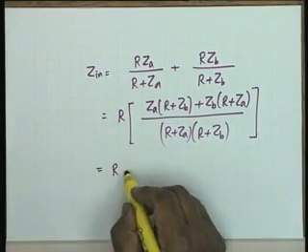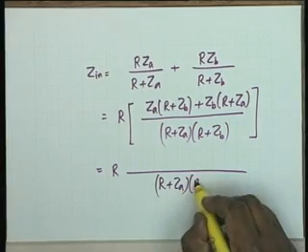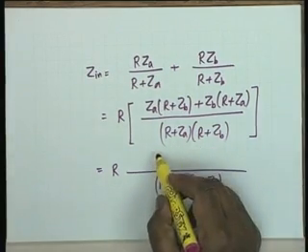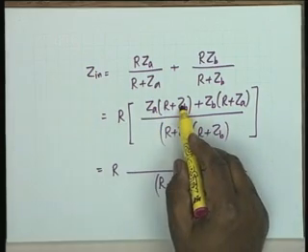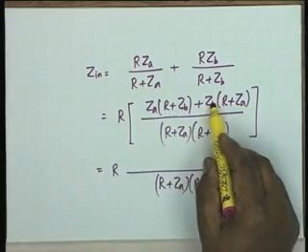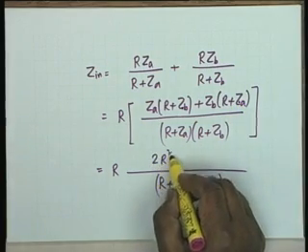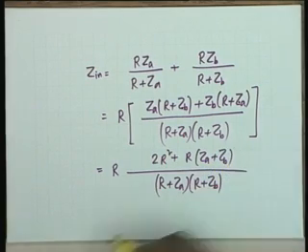That is equal to R plus ZA, R plus ZB, and in the numerator you have ZA ZB, which is R squared. Similarly ZB ZA, that is R squared. So 2R squared plus R times ZA plus ZB.